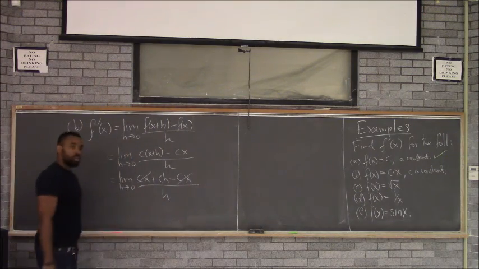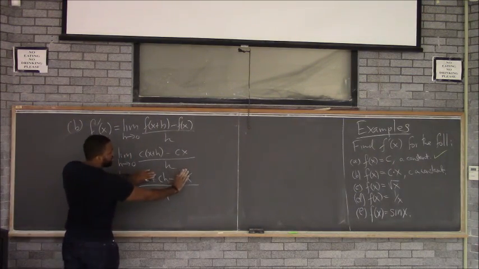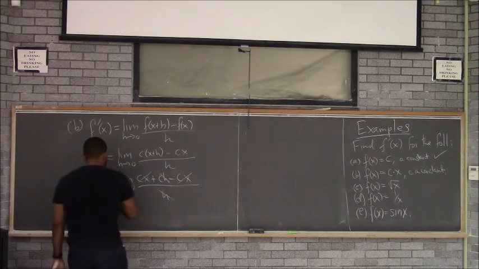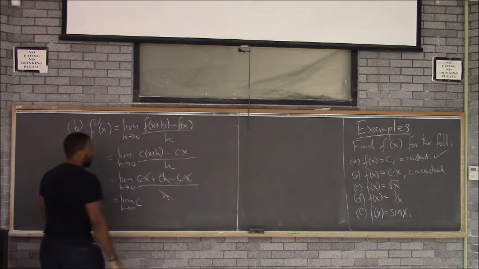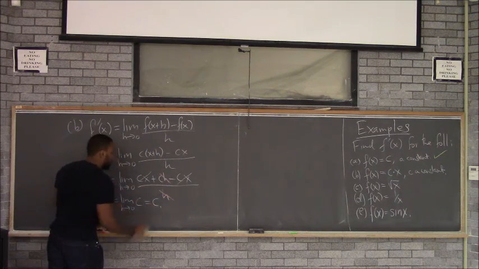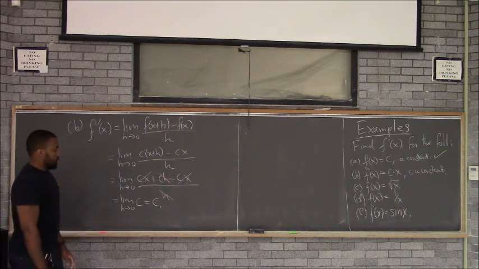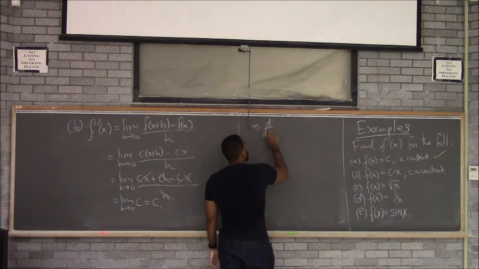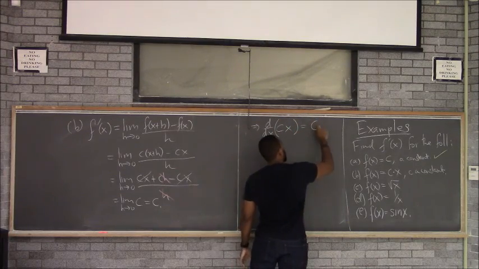This will kill that one. And then afterwards, because I only have this, the h's will cancel. And so I would have the limit as h approaches 0 of c. Well, that's just c. In other words, I can say that the derivative of a constant times x is the constant.